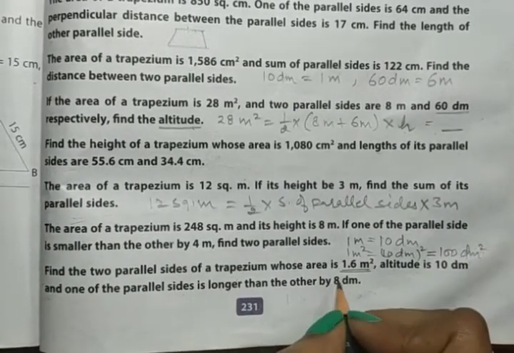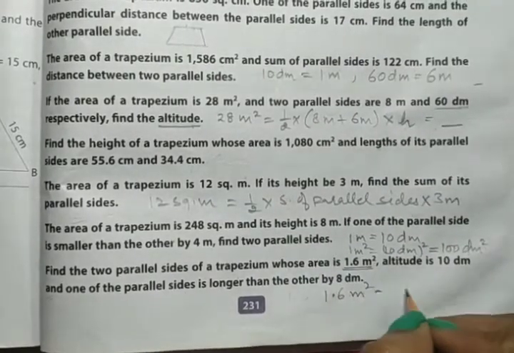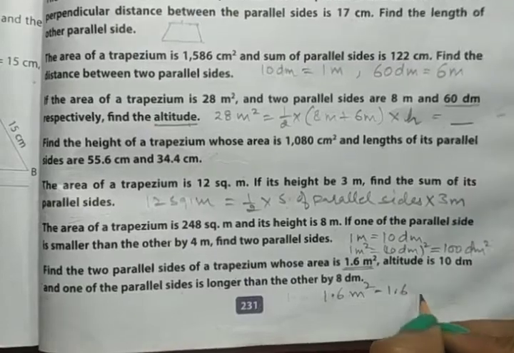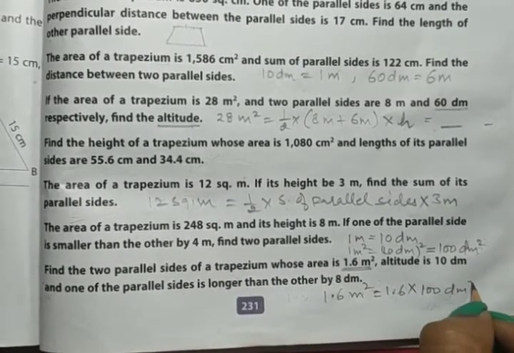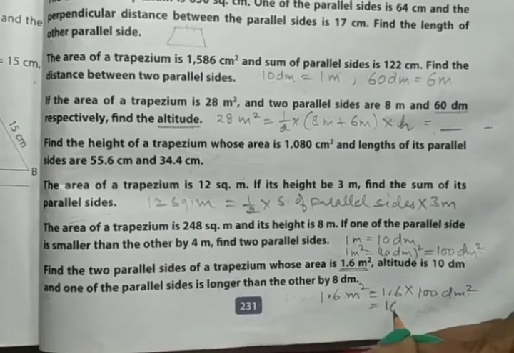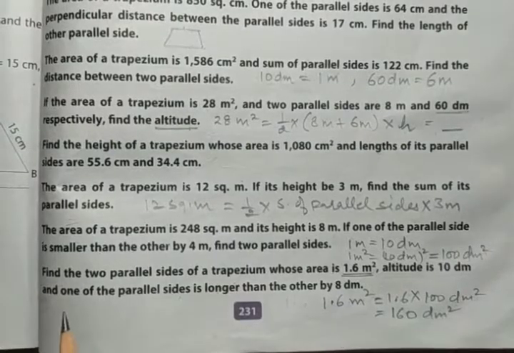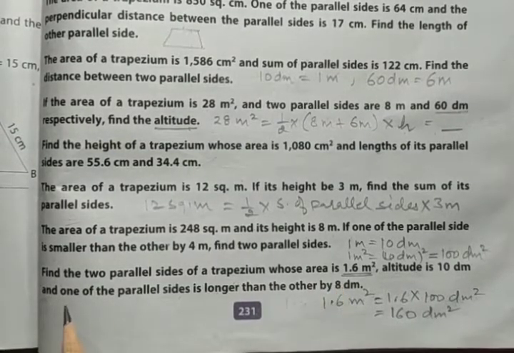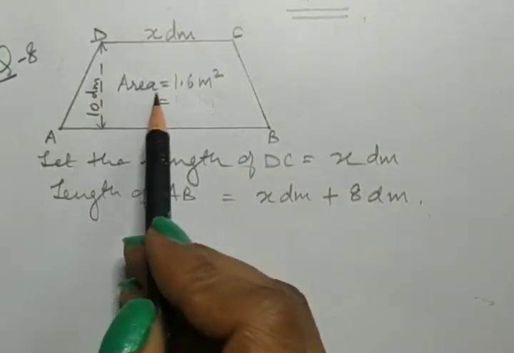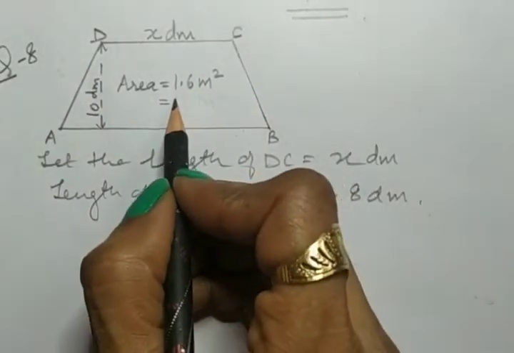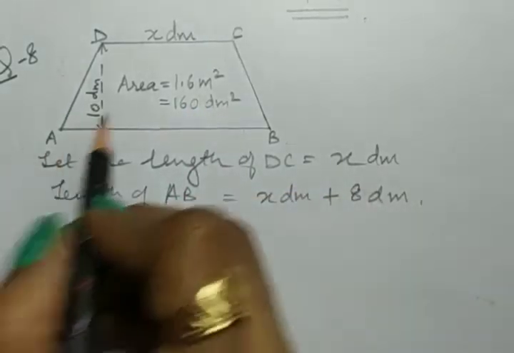We have 1.6 meters square. 1.6 meters square is equal to 1.6 into 100 decimeter square, and that is equal to 160 decimeter square. Let's draw a rough figure to understand this question. In this trapezium, area is given, that is 1.6 meter square, or we can say 160 decimeter square.